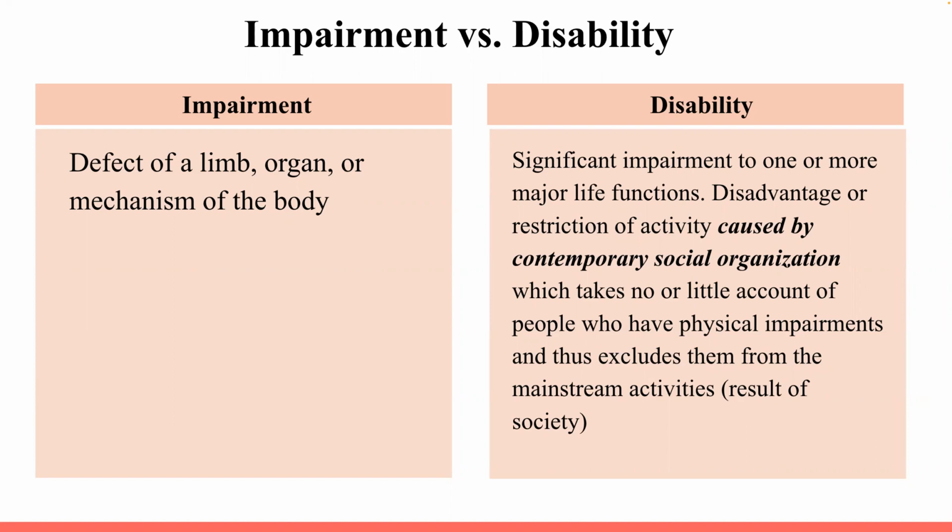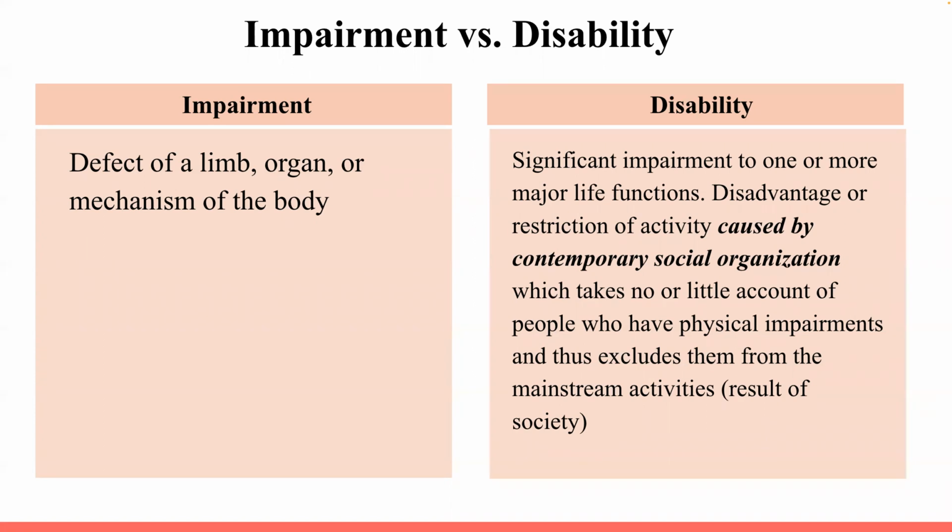An example: an inability to walk is an impairment, whereas an inability to enter a building because the entrance is up a flight of stairs is a disability.